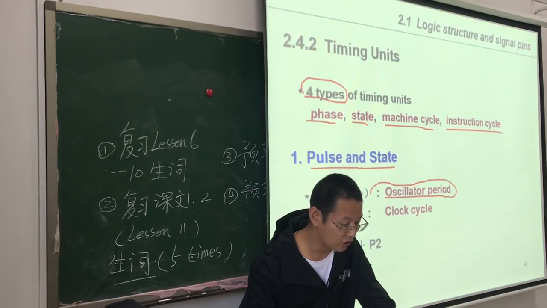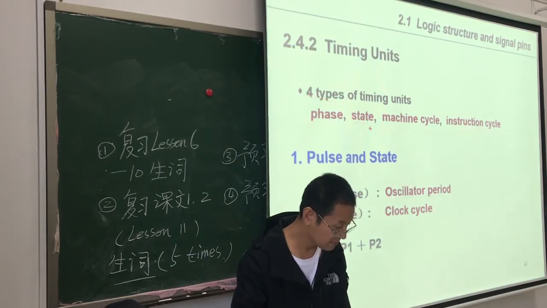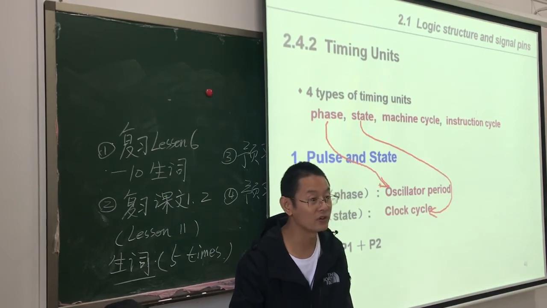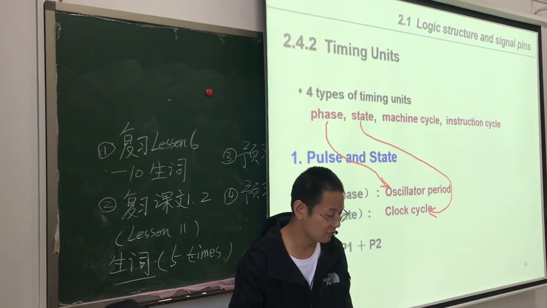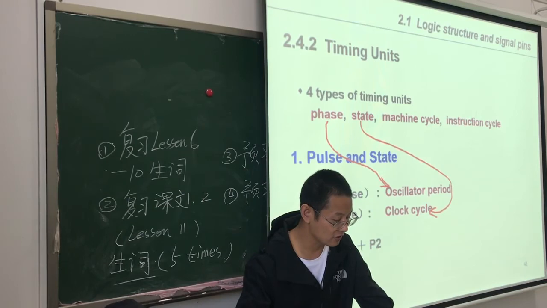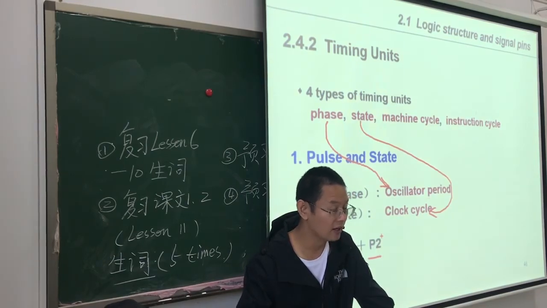State is the clock cycle. Their relation is S equals P1 and P2, which means two oscillator periods equal one clock cycle.